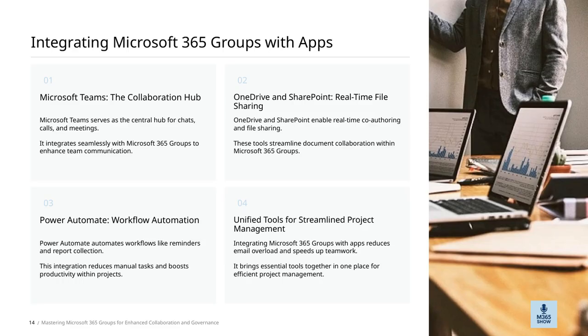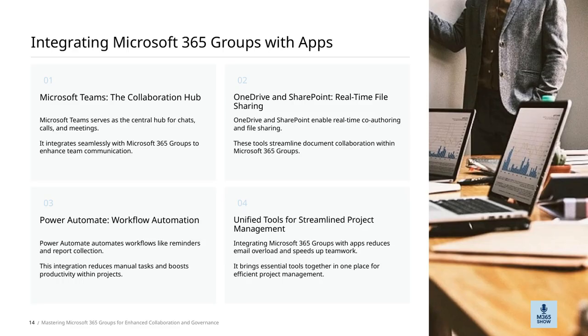One key tool in this integration is Power Automate. It helps automate workflows such as sending reminders or collecting reports, which means less manual work for us and more focus on our actual tasks. This automation boosts overall productivity and keeps projects moving smoothly.